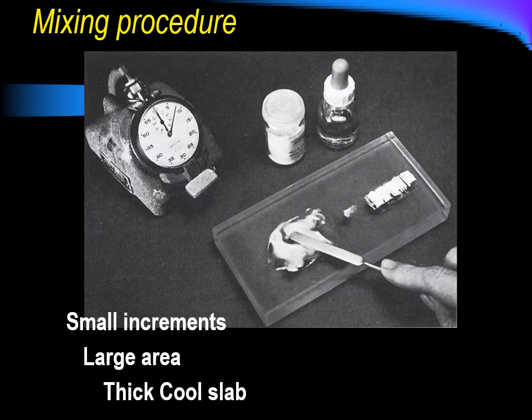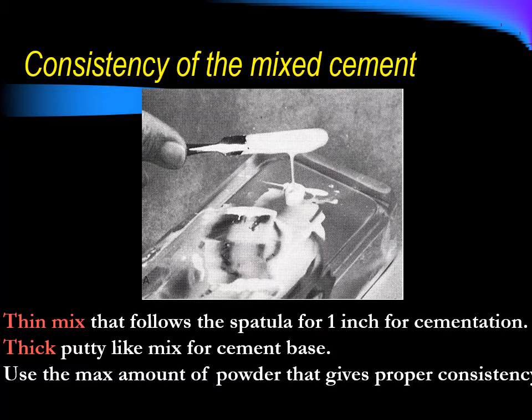Over the thick cool slab, we mix a small increment over a large area of the slab, and then take another increment and mix it over the large area, and so on until we reach the proper consistency suitable for this type of cement.